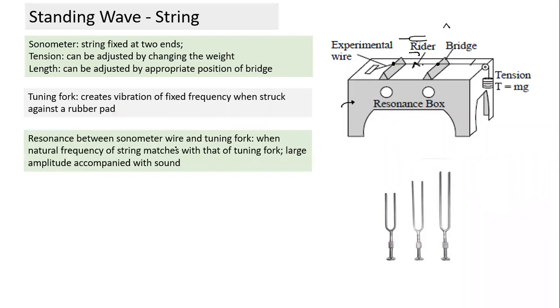Resonance between the sonometer wire and the tuning fork occurs when the natural frequency of the string matches that of the tuning fork. And what is the natural frequency? The natural frequency is all integral multiples of f naught. Whenever both match, there's a large amplitude accompanied by a louder sound also. Typically, the small piece of paper will fall when the amplitude becomes larger.